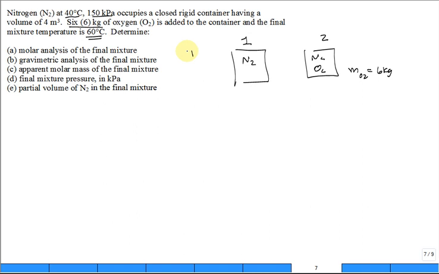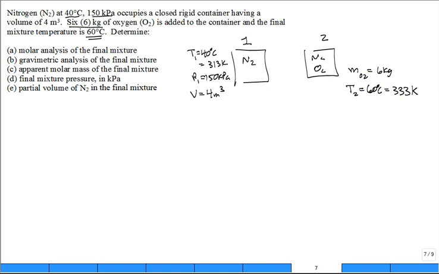The temperature T1 is 40°C, which is 313 Kelvin. The pressure initially is 150 kilopascal when it's just nitrogen by itself. The volume of the tank doesn't change, it's always 4 cubic meters. And the final temperature is 60°C, 333 Kelvin.